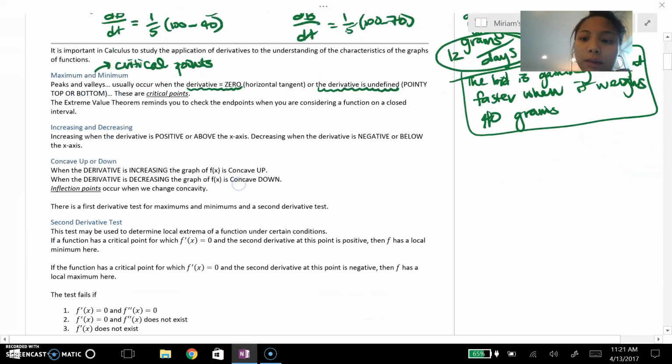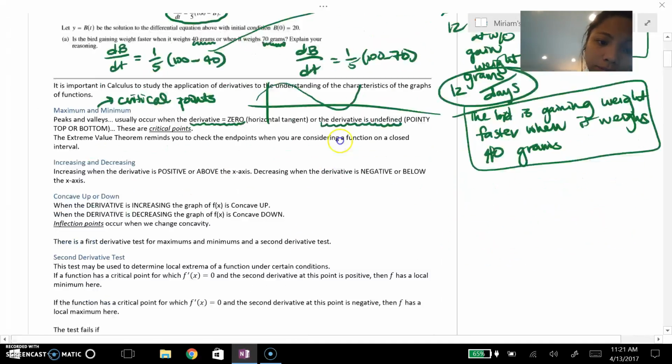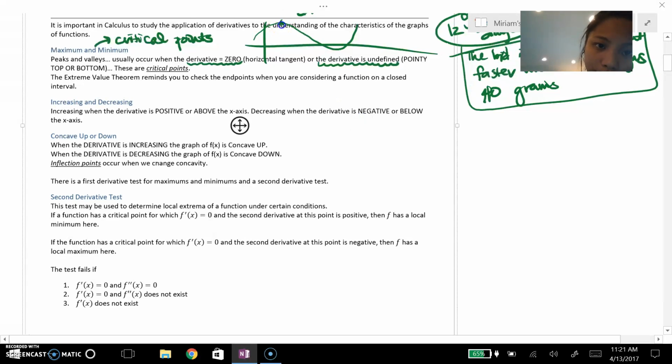Okay, so all that means, if I have a graph, let's say this is my graph, at the very top here, the derivative is 0 because the horizontal line is flat, meaning the slope is 0.